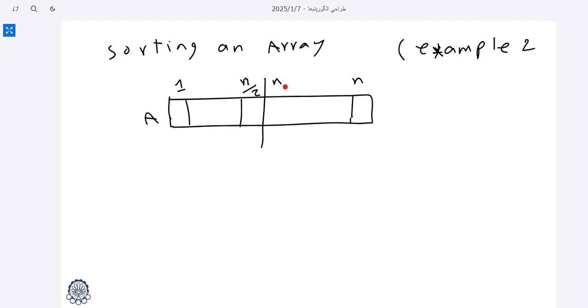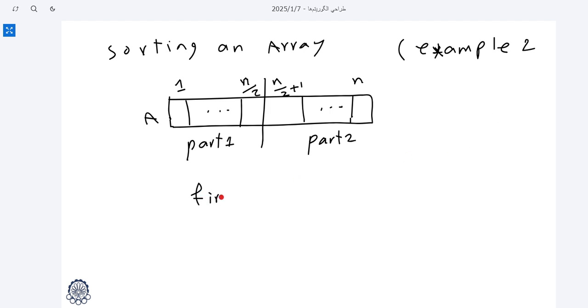The second part is from index n divided by 2 plus 1 to index n. This is the first part and the second part. This is the first step.